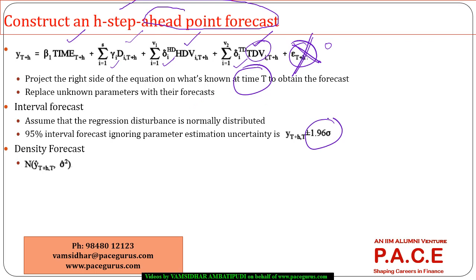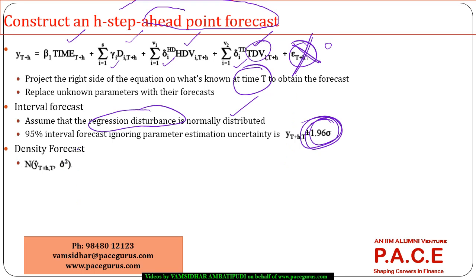And we have already looked at the 95% interval, looking at 1.96 times the sigma, because we assume that the error terms after the regression model are normally distributed. And once they are normally distributed, I am looking at the 95% confidence interval of that error term by taking it as plus or minus 1.96 times the standard deviation.